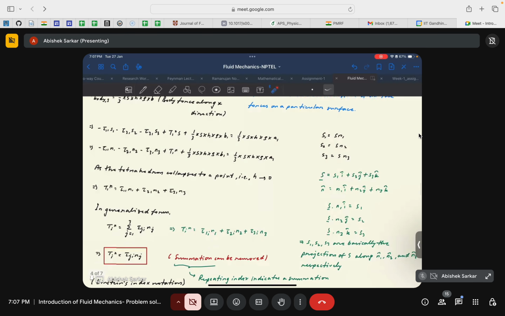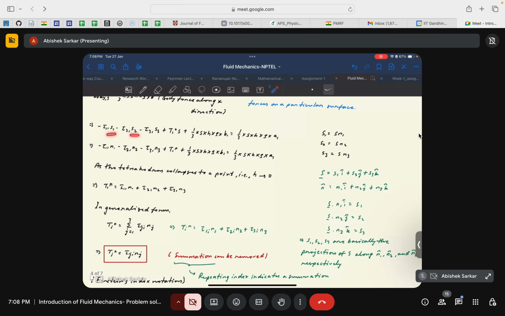So if you substitute the values of S1, S2, S3 in terms of the product of surface S and the respective normal vectors, S n1, S n2, and S n3 respectively, you can reduce this definition to this expression. If you do that, you will get an expression something like this.